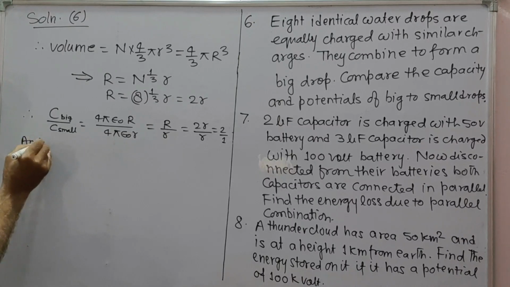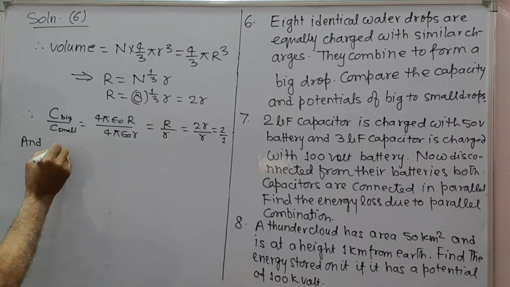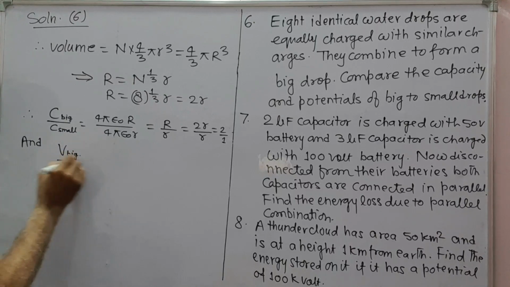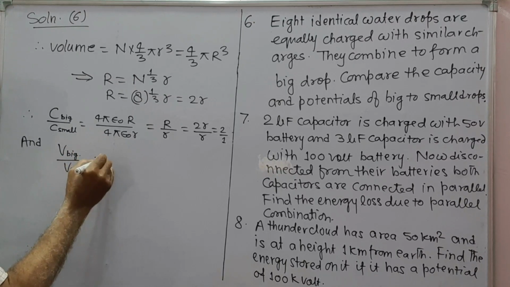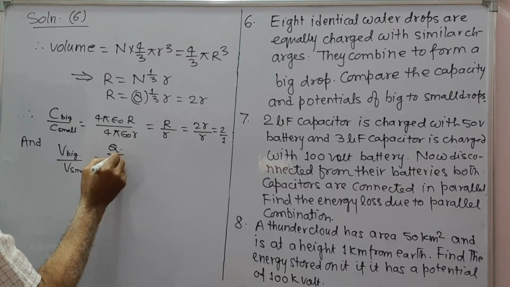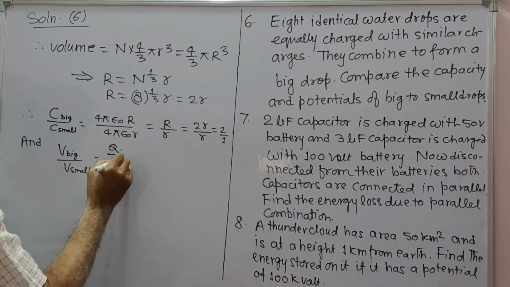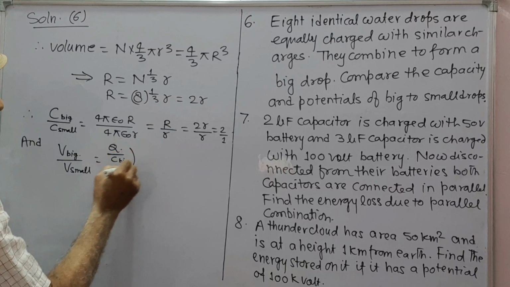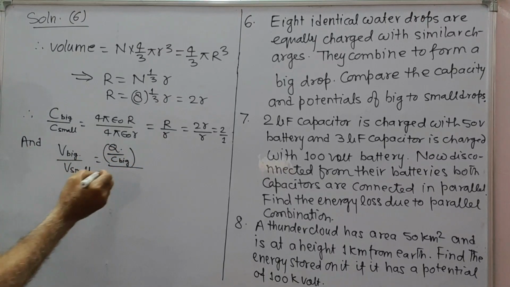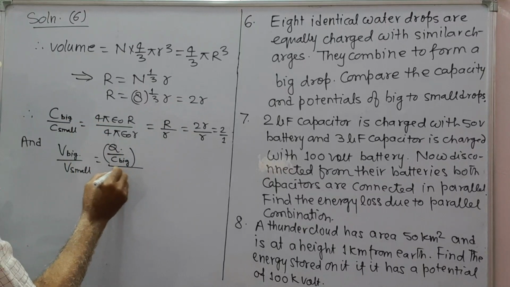And potential V dash or V of big drop upon V of small drop will be equal to, as voltage is Q upon C, big upon small drop. One small drop carries charge q.